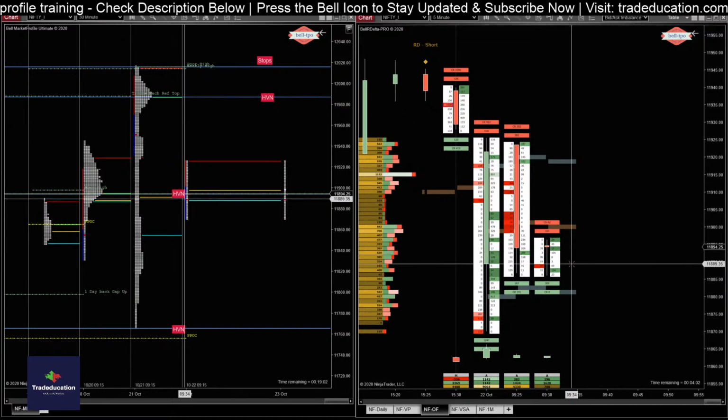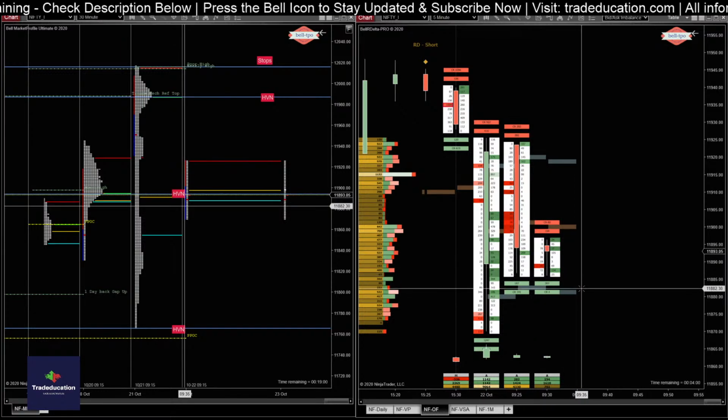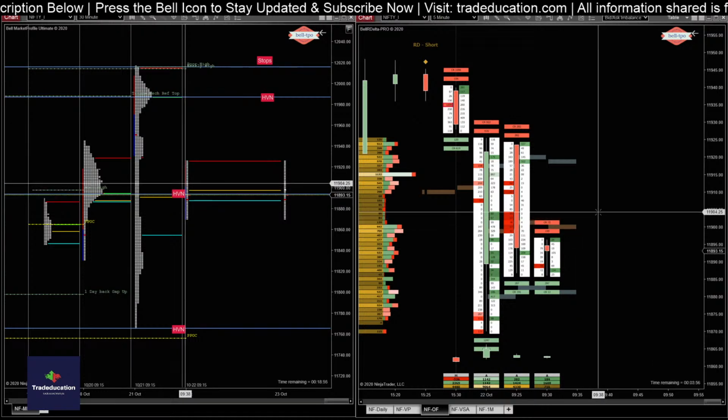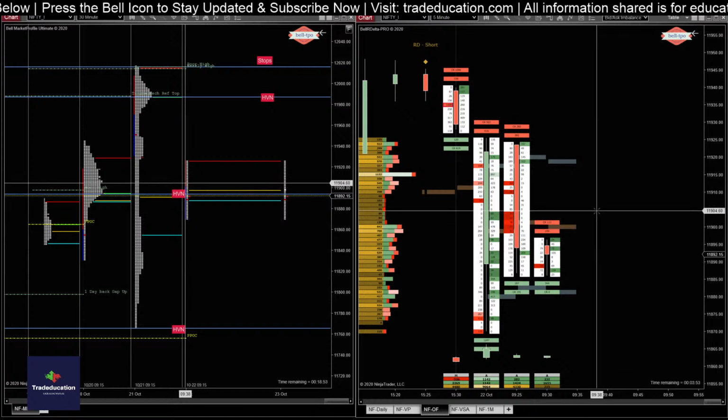So good wick forming, buyers are stepping in. So the trade is still active. So now you should keep the stop loss above VWAP.